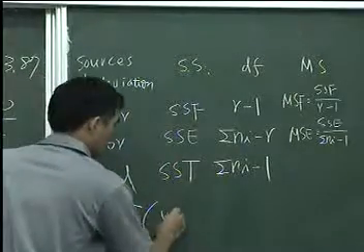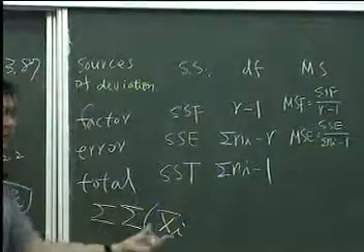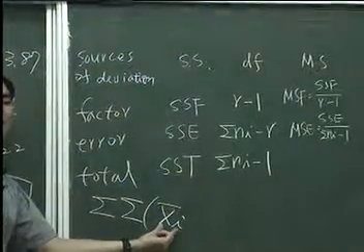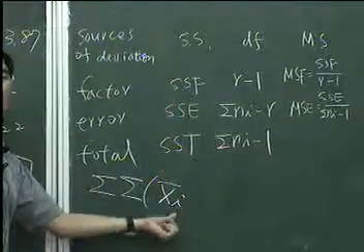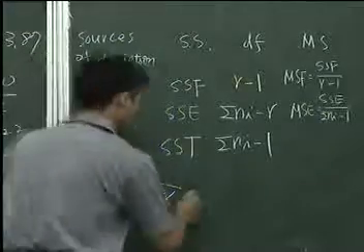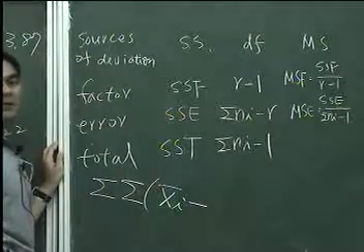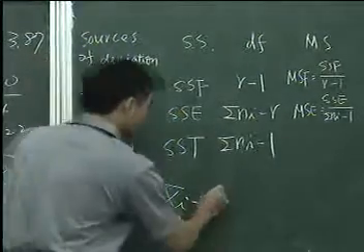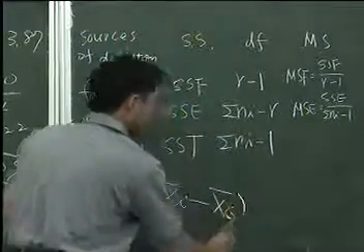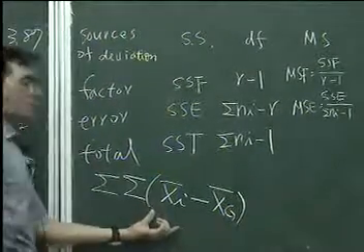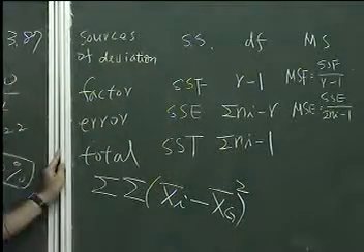So X bar I represents a different machine, I from 1 to R, okay? And in terms of the whole sample, that's X bar G. And remember, all these things have to be squared, right?